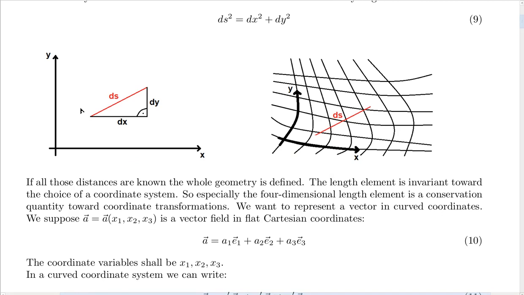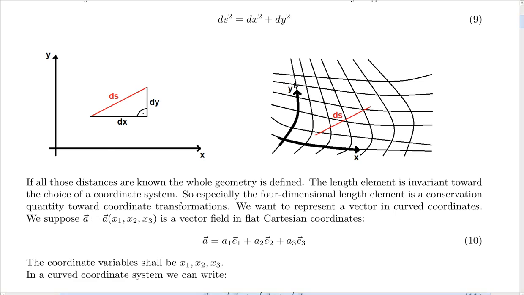ds is naturally given, and if we want to describe something mathematically, we put a coordinate system, an artificial coordinate system, into the problem to make a mathematical description. So here we have an uncurved Cartesian coordinate system to describe ds.